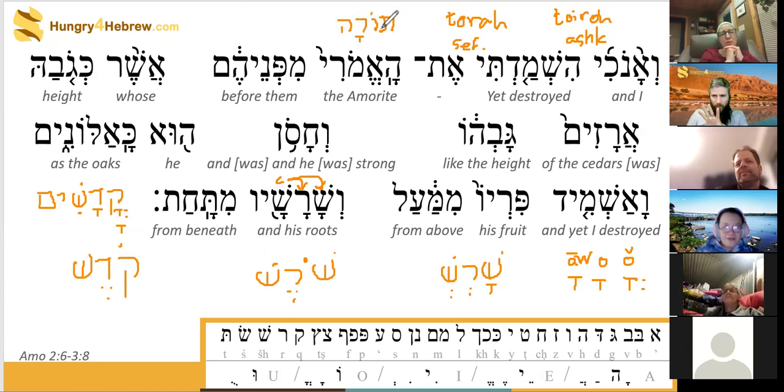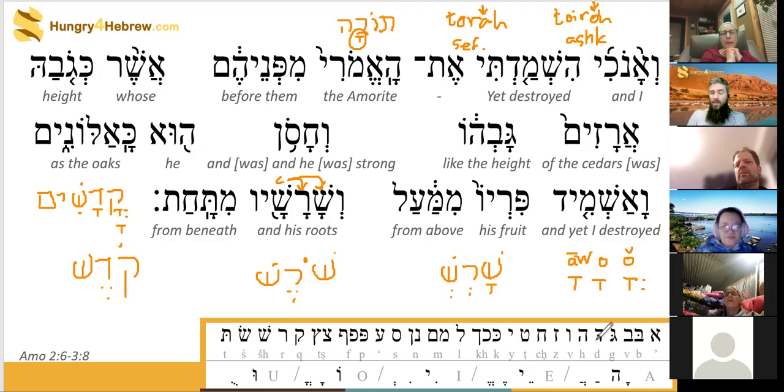First off, we have 2 different things going on here. The O sound has a different pronunciation in the Ashkenazi. That's not what I'm talking about. But I'm talking about the kamatz right here. In the Sephardic tradition, it's a long ah. In the Ashkenazi, it has a long aw, almost like an AW sound.